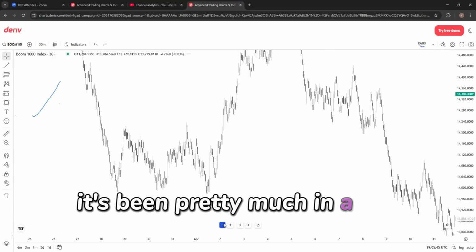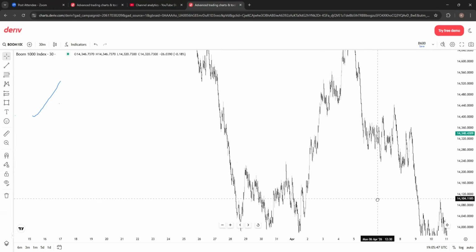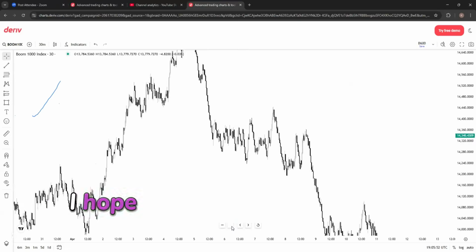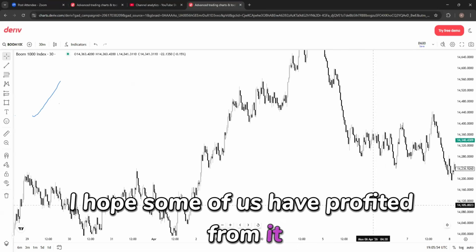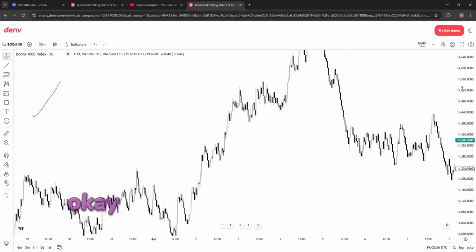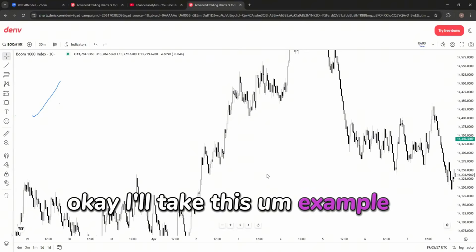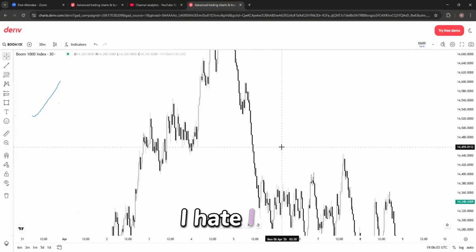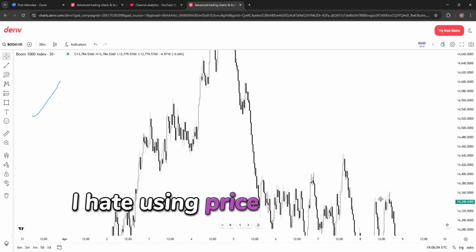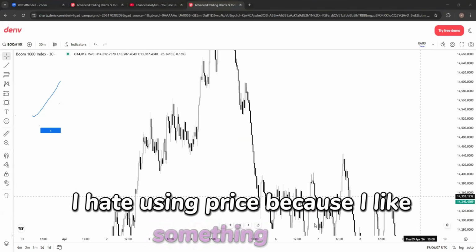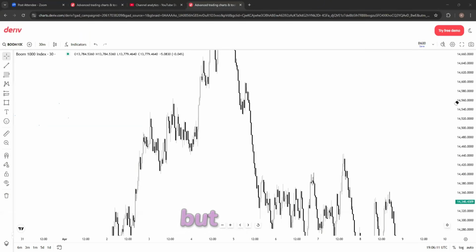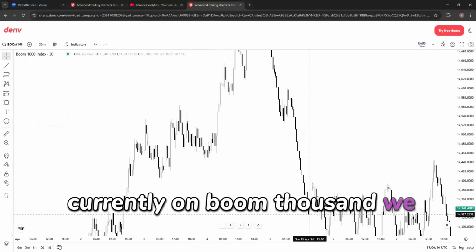It's been pretty much in a very strong downtrend. I hope some of us have profited from it. Okay, I'll take this example in particular. Like I said, I hate using price that is old, because I like something that's more current, actually happening. But currently on Boom 1000 we don't have that.